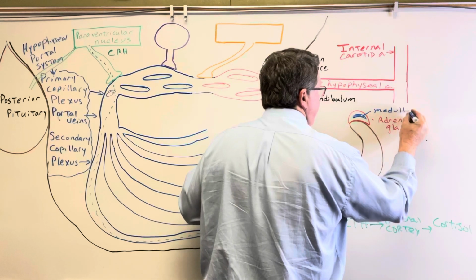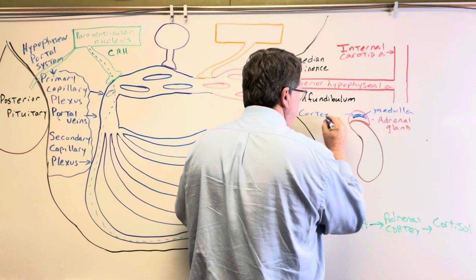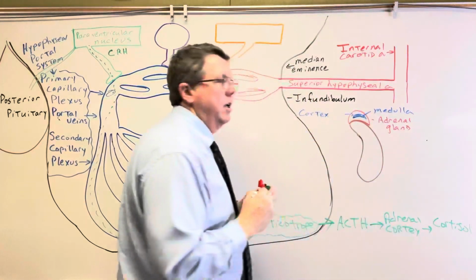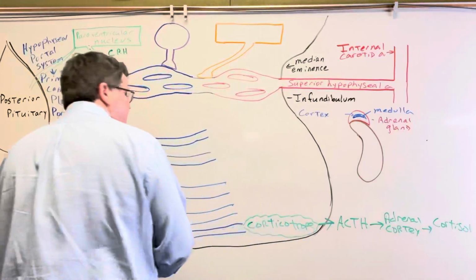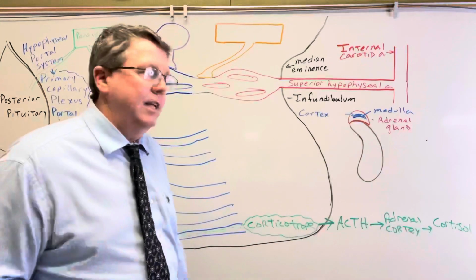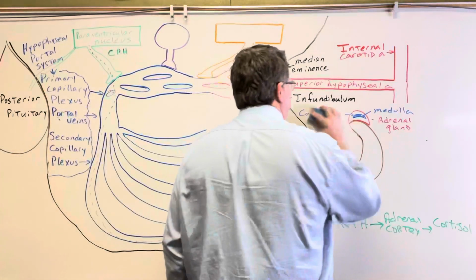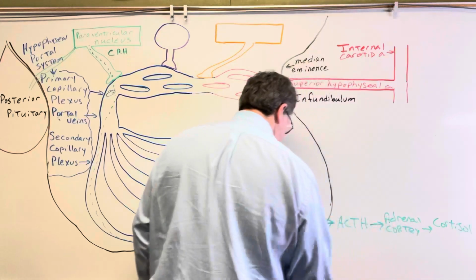But the outside portion out here is called the cortex. So this is going to come down, it's going to work on the cortex on the adrenal gland, and it's going to work in times of stress and things such as that. This can also be stimulated if someone has a fever, if they're hypoglycemic, and like we said, when they're stressed. So that's that one. Let's go on to the next one.